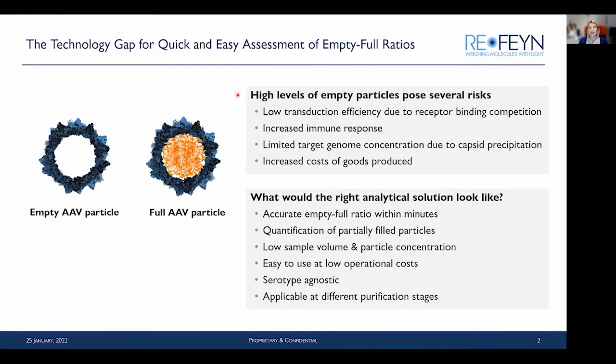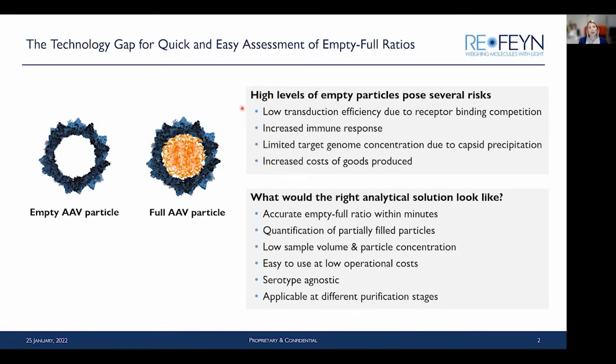And this can pose several risks. Firstly, it leads to a low transduction efficiency due to receptor binding competition. It leads to increased immune responses. It limits the target genome concentration due to capsid precipitation, and finally results in increased cost of goods produced.